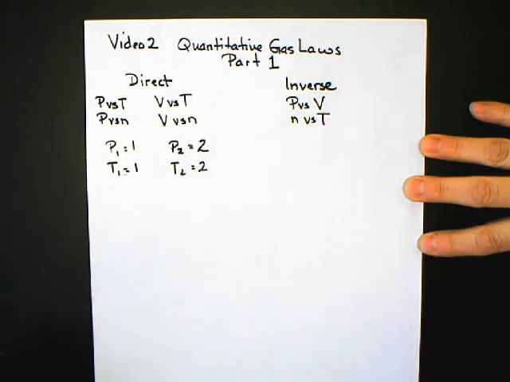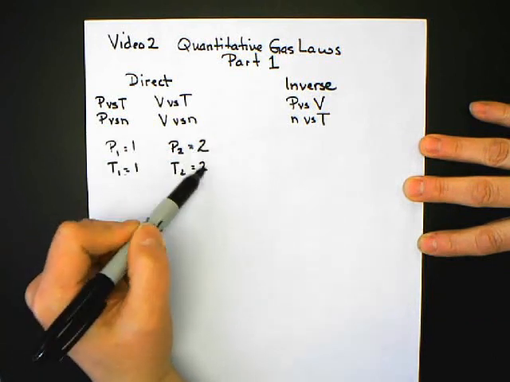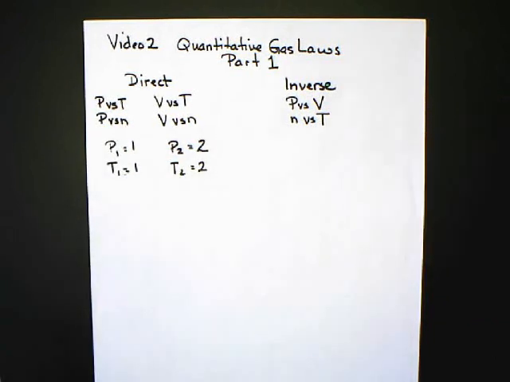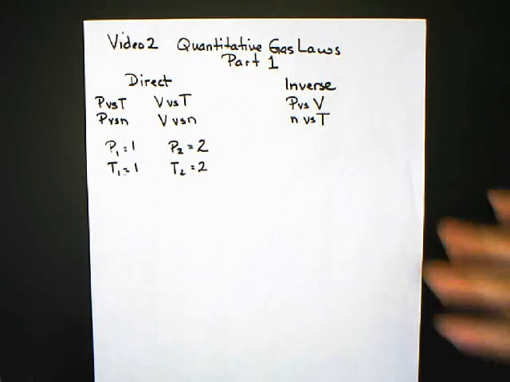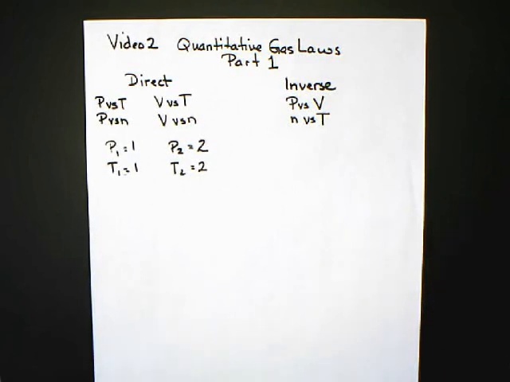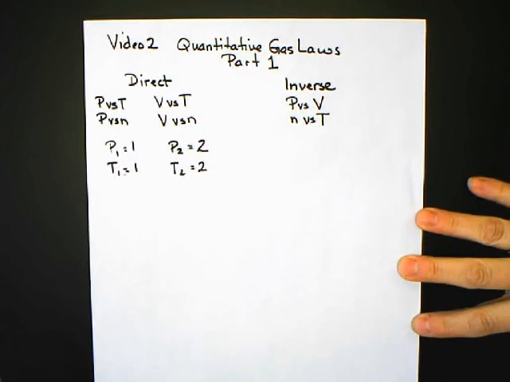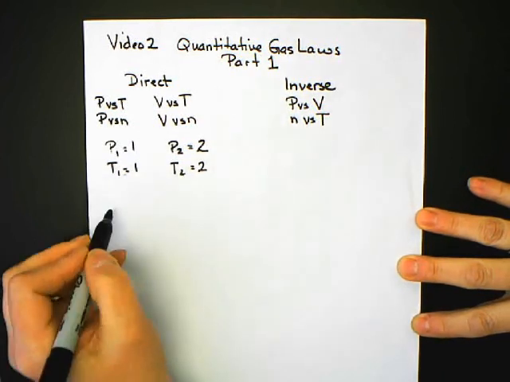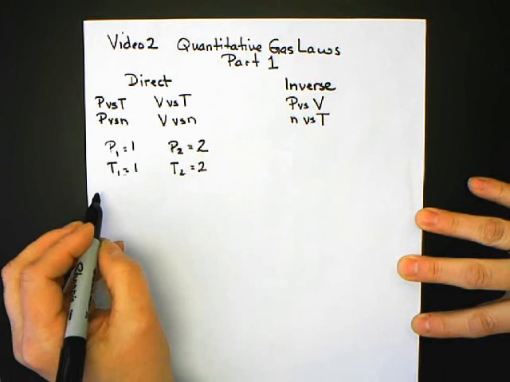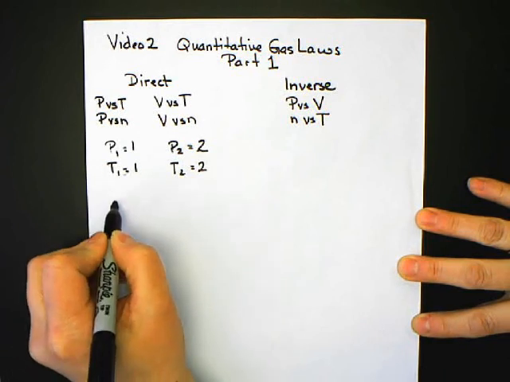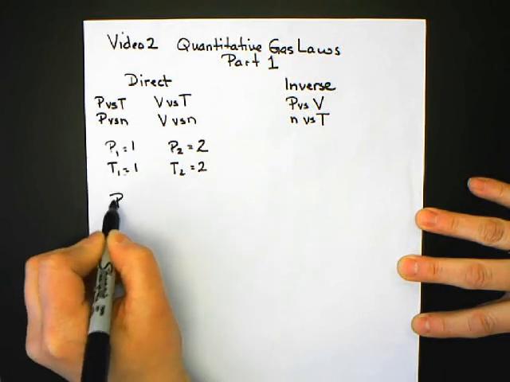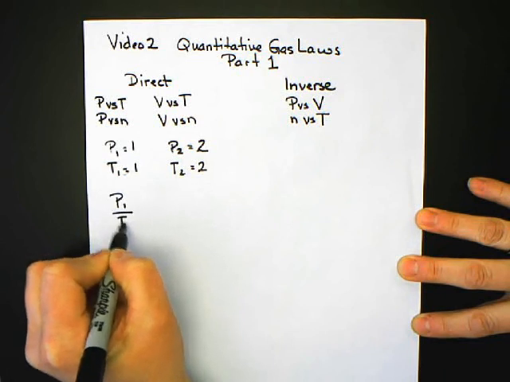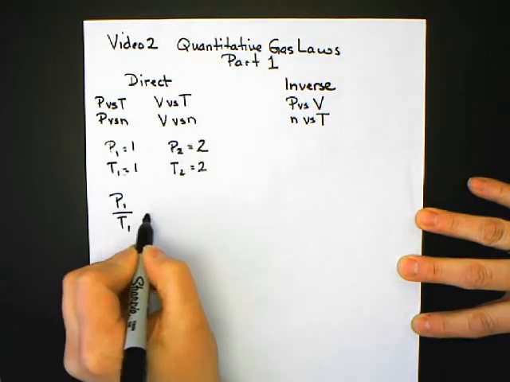So mathematically now, how can we show that relationship? One set of variables compared to the second set of variables. So if you trial and error the possible choices, you will eventually come up with the fact that if we take pressure and divide it by temperature, that is going to equal the second set also divided by each other.